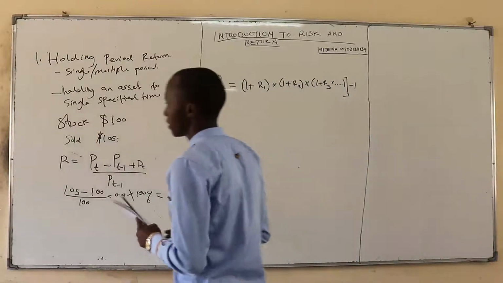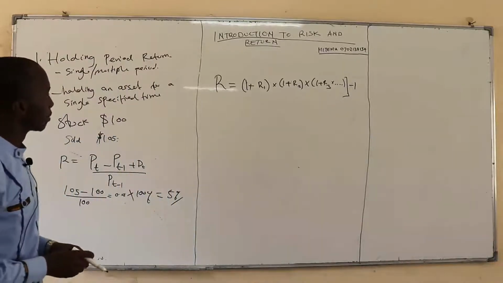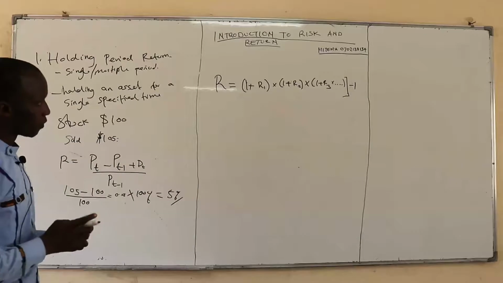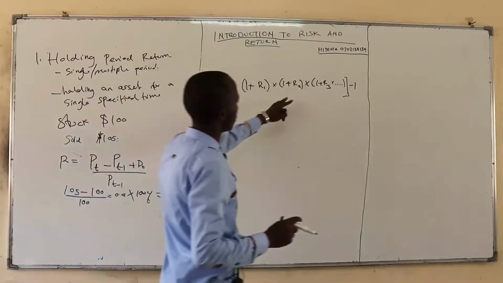So in case you are asked to calculate a return of a 3-year holding period, you use this formula.